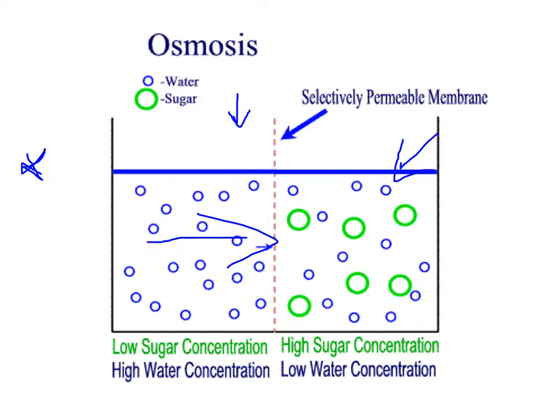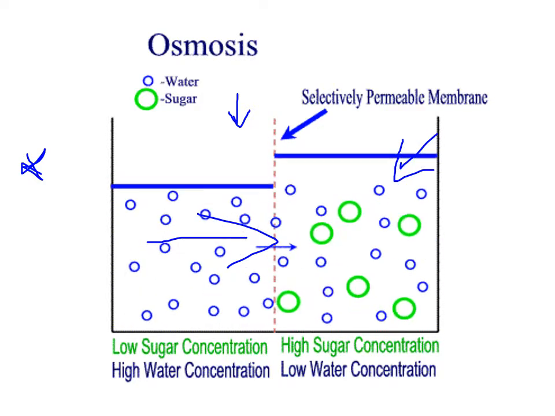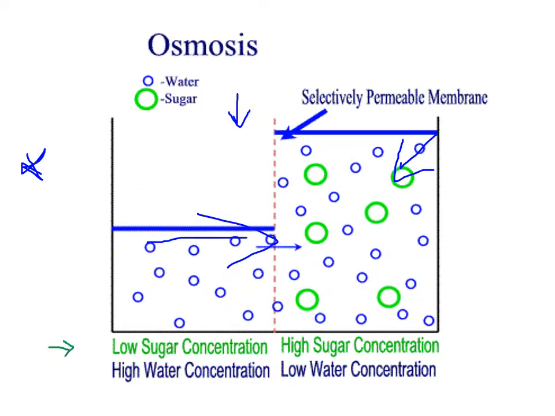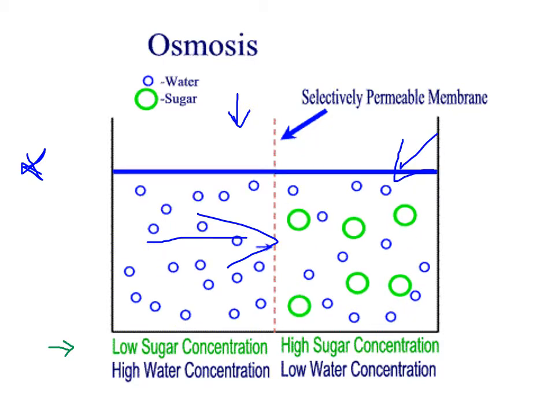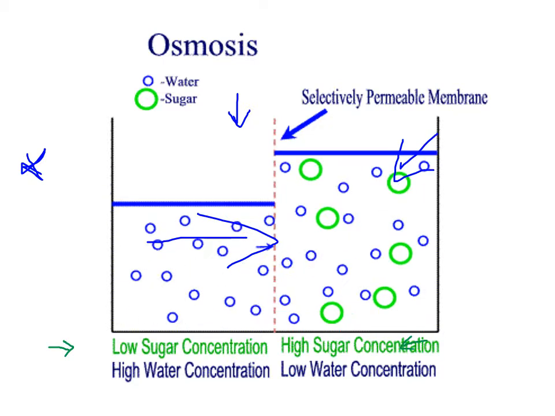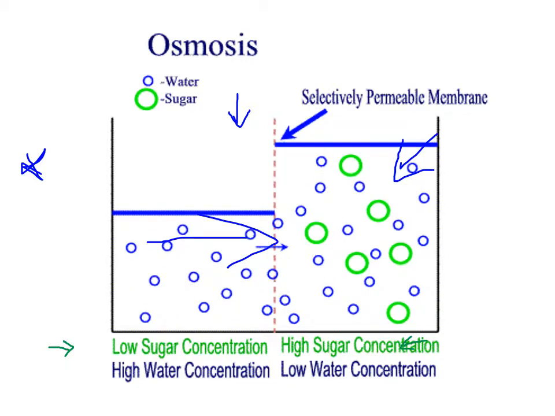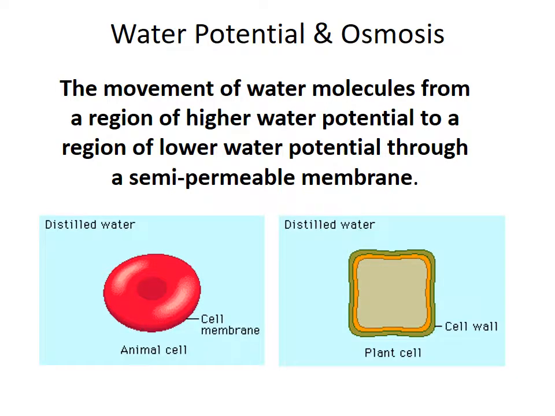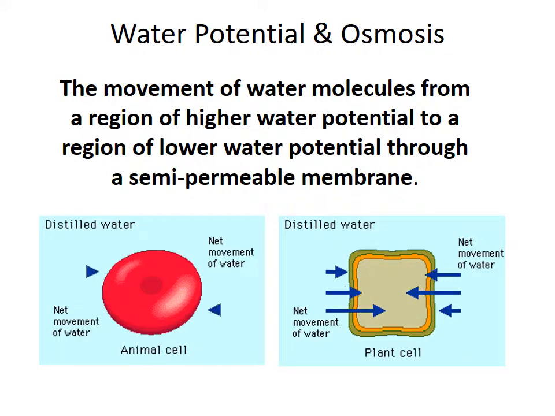The same kind of thing is going to happen in your cells. So the left-hand side, we would say it is low in sugar concentration, but high in water concentration. On the right-hand side, we would say it is high in sugar concentration, but low in water concentration. And that's going to pull the water over. Being able to predict which way the water will flow is called water potential.